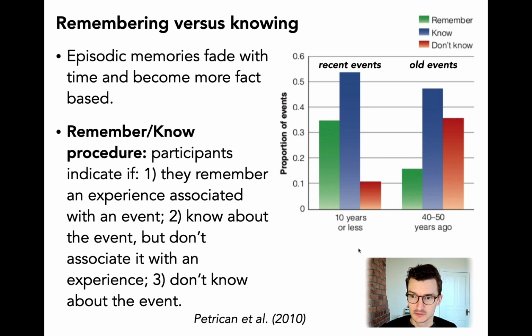And so, one example from my life, right, would be the terrorist attack on the Twin Towers in New York on September 11th, 2001. Right? This is an event that I both know about. I know the details of the event, but I also have a very clear episodic memory tied to this event.